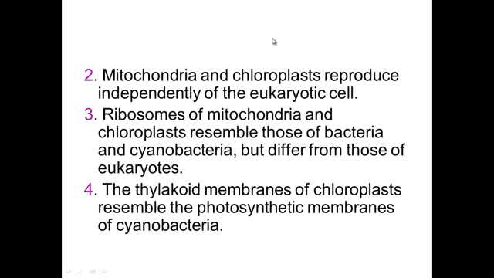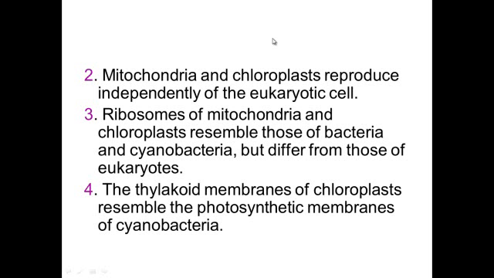Mitochondria and chloroplasts have ribosomes that are very similar to those found in living bacteria and cyanobacteria. Very different from the ones found in eukaryotes. Eukaryote ribosomes are much larger, and have a different protein structure inside them. Also, both of them have membranes on the inside.